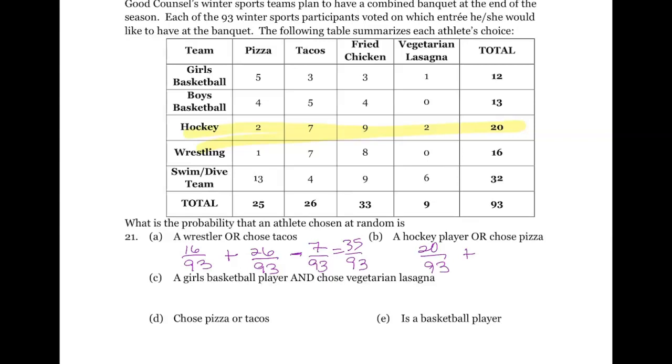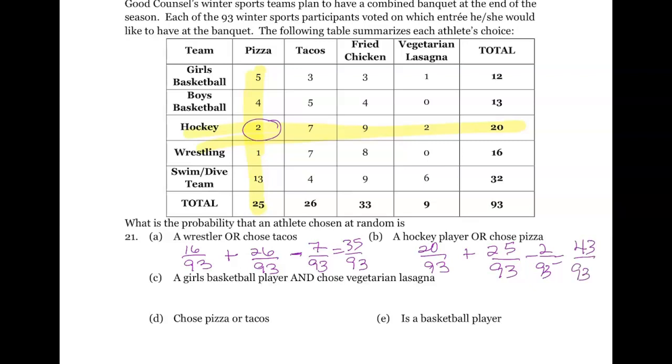Okay, pizza is a vertical column, and there's 25 of those. And you have an overlap right here. Subtract away the 2 over 93. And that should be getting you 43 over 93.